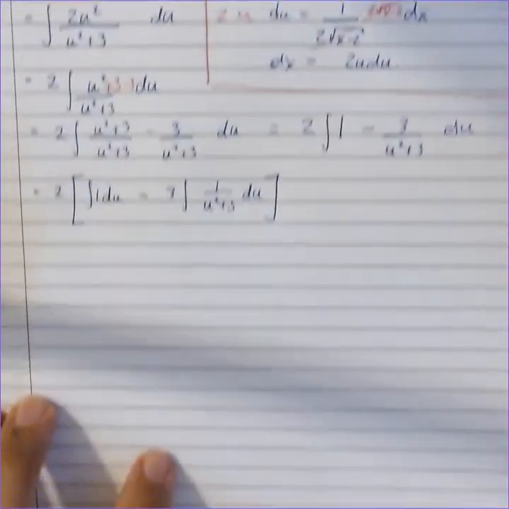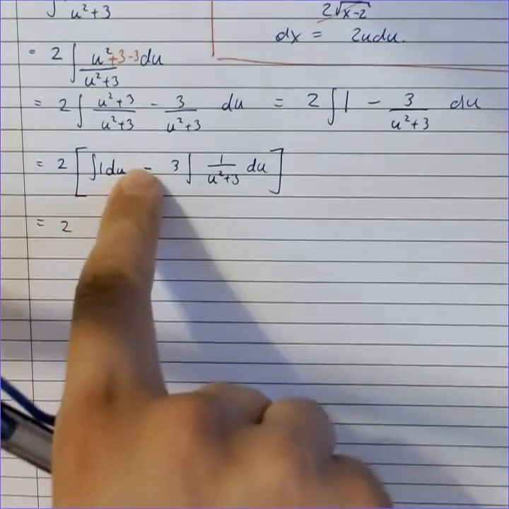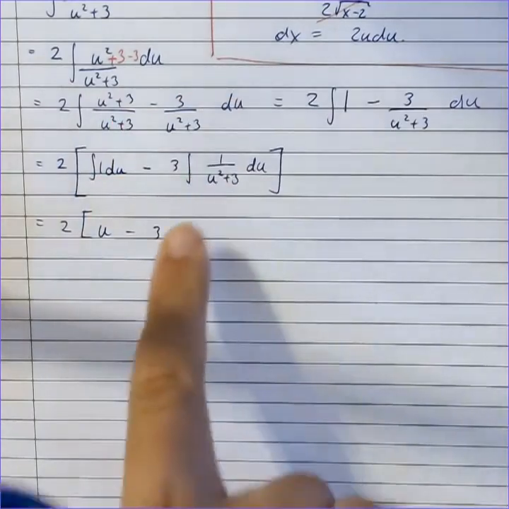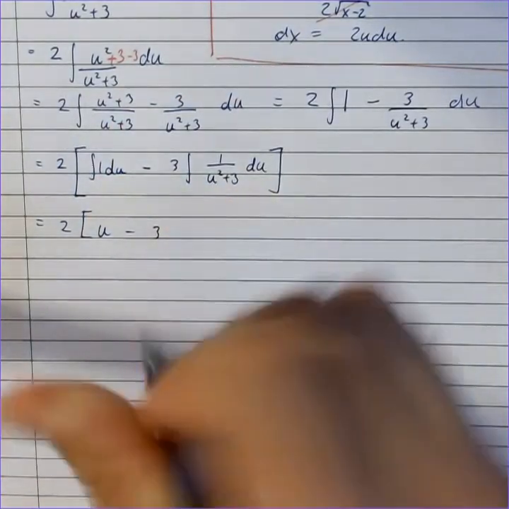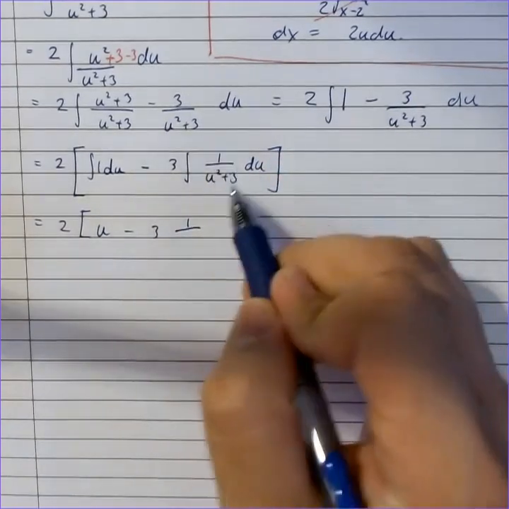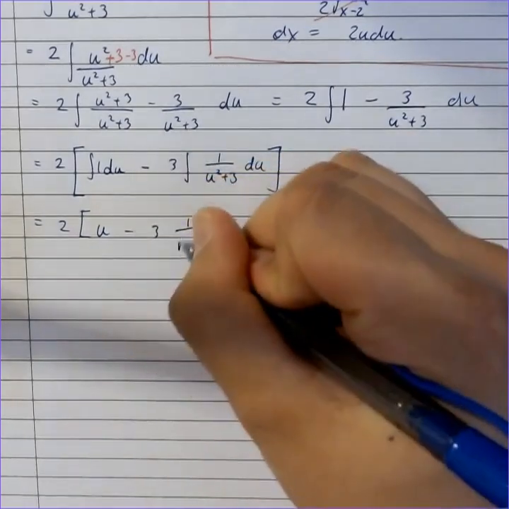And now each of those integrals I know how to do. That's 2 times the integral of 1 du, that's just u, minus 3 times, that's an arctangent. If this is a squared, then a is just the square root of 3.